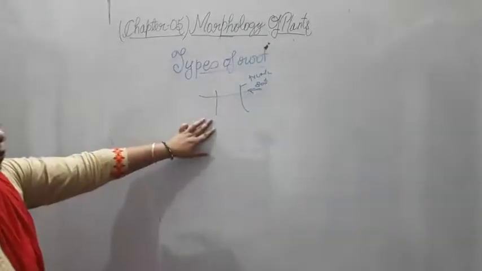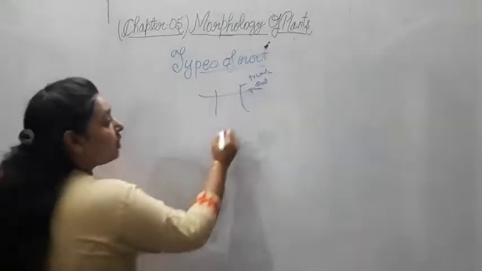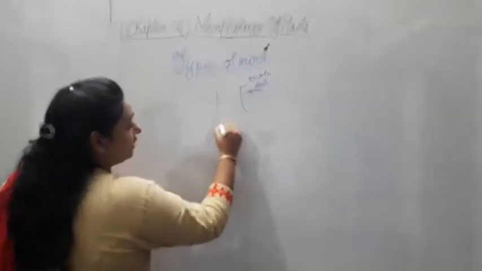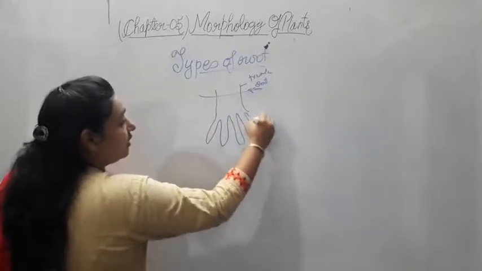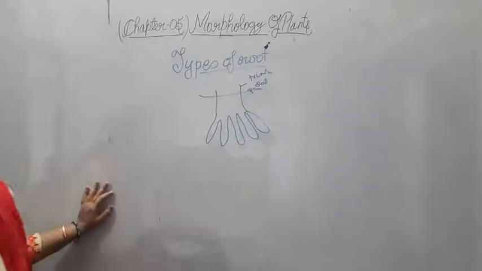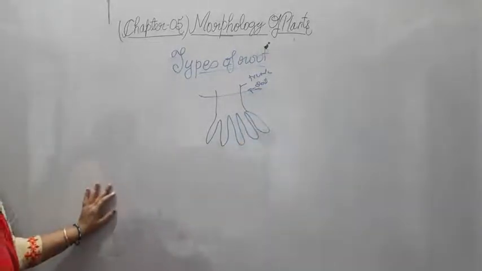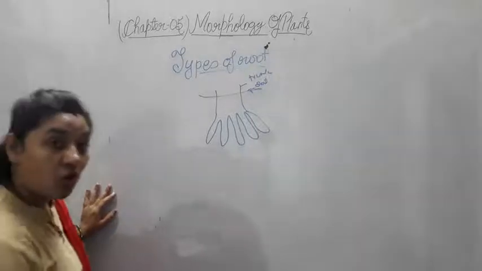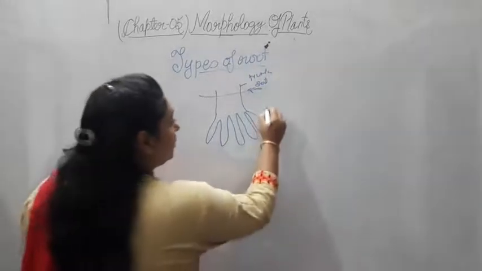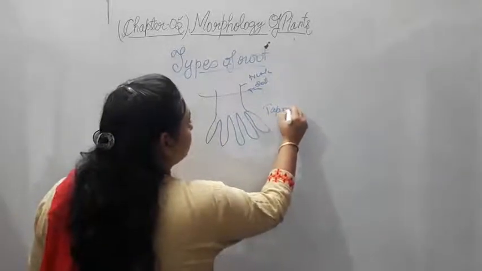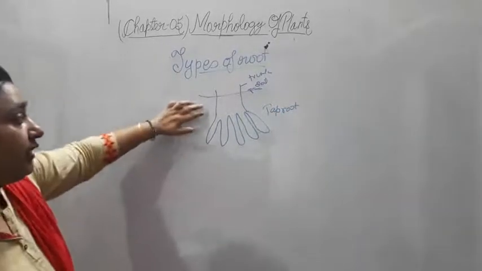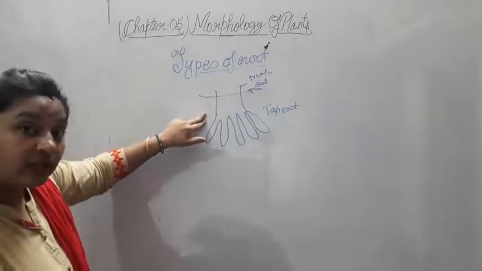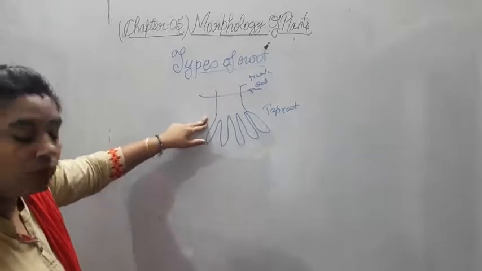Okay, now what will happen from the radicle, keep this in your mind, the roots which are going to get developed from the radicle are called tap root.